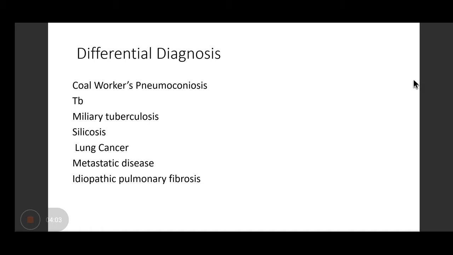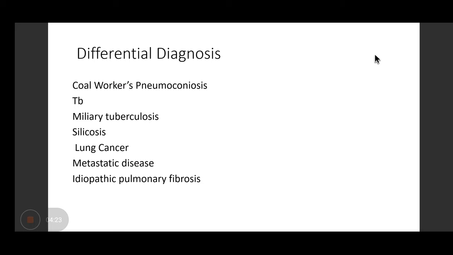Yes. So we can do Mantoux test, okay, where you inject purified protein derivative. You can do Mantoux test for screening, and you can also test the sputum.